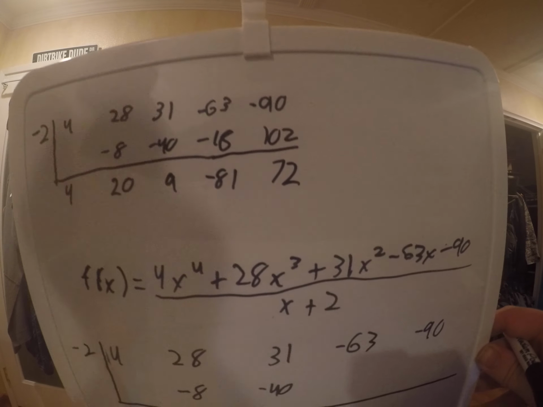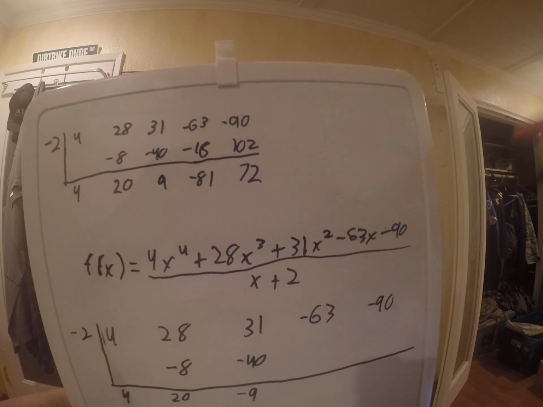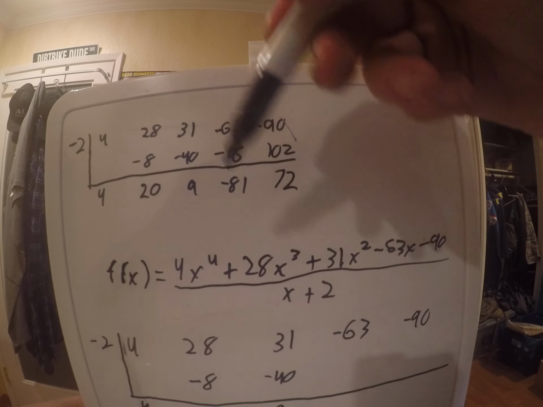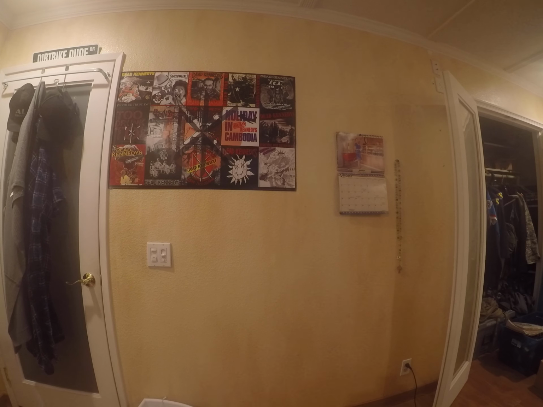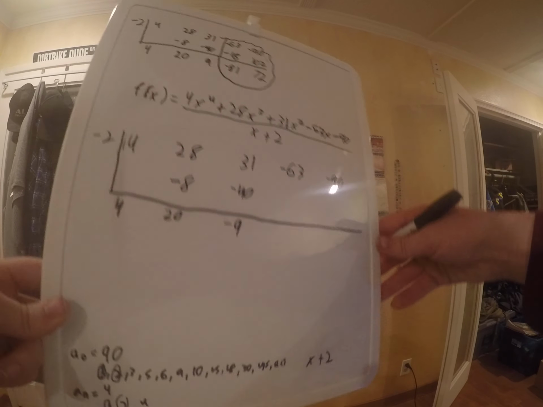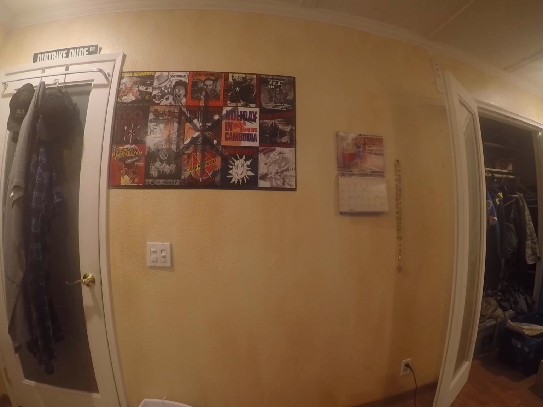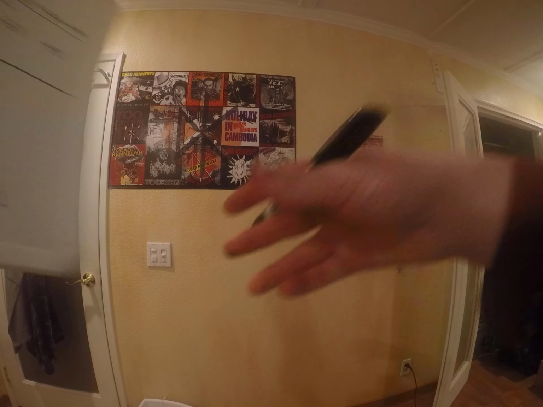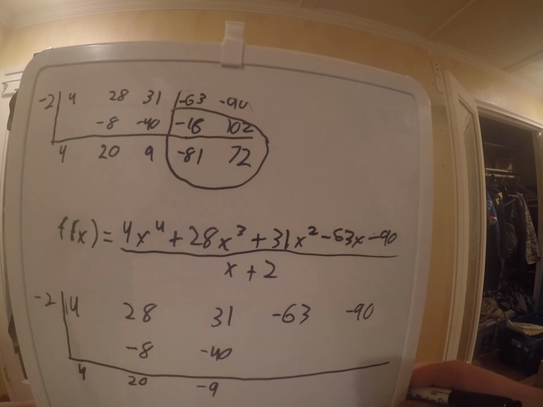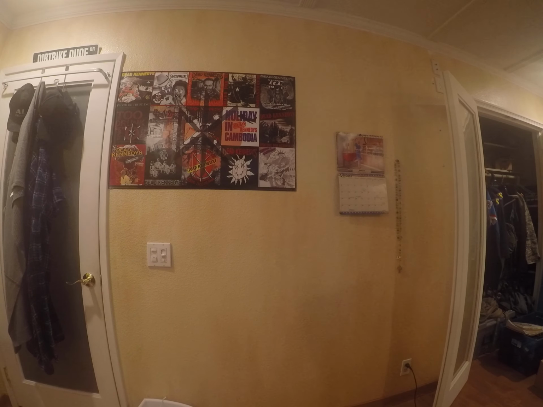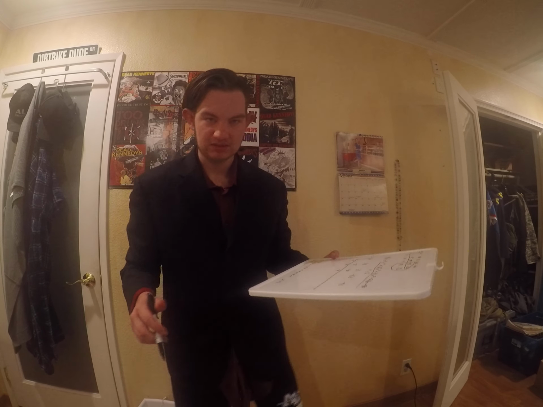So these numbers right here, these 4 coefficients are set, so it's more like what's in that poorly drawn circle with a line in it. So now let's resume.